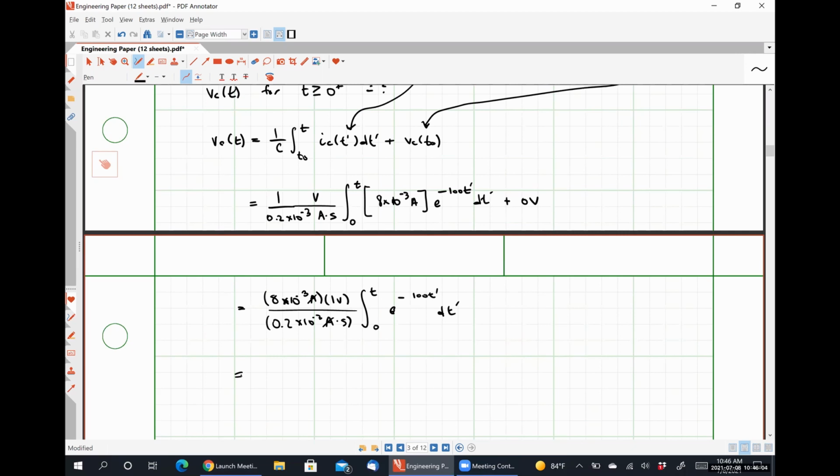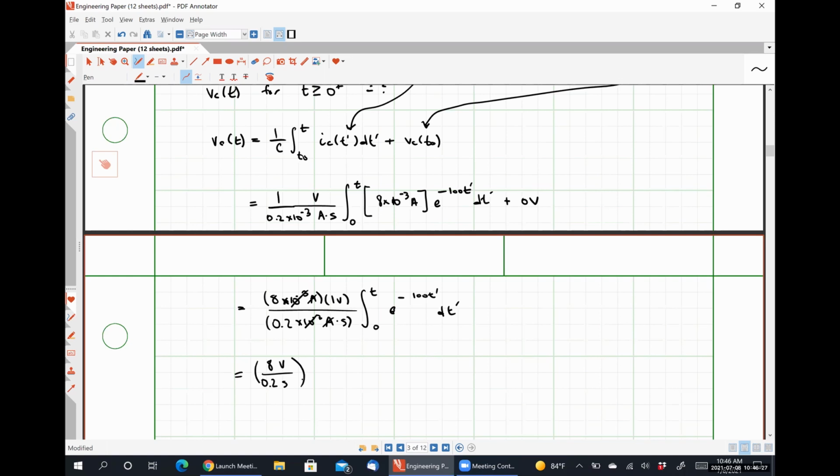Isn't it just negative 1 over 100 e to negative 100 t? So 8. The times 10 to the 3 is going to cancel each other out, so I'm going to get rid of that. So I'm going to have 8 volts over 0.2 seconds.